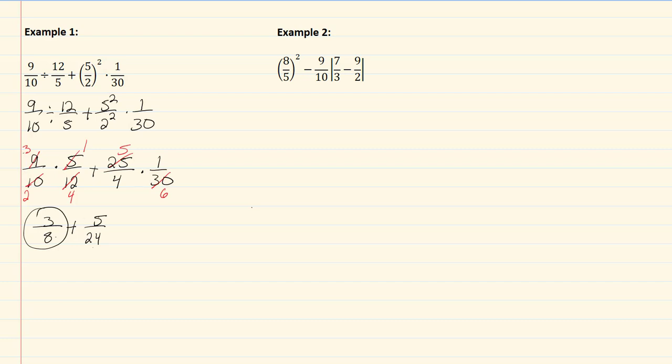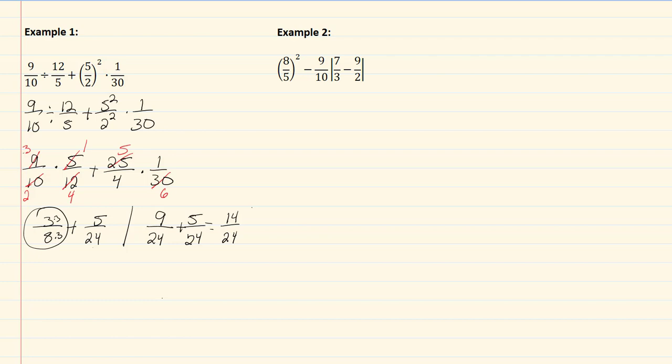I'm going to take 8 times 3 to get my common denominator of 24. So I now have 3 times 3, which is 9, over 8 times 3, which is 24, plus my 5/24, and I have 9 plus 5, which gives me 14 over 24.